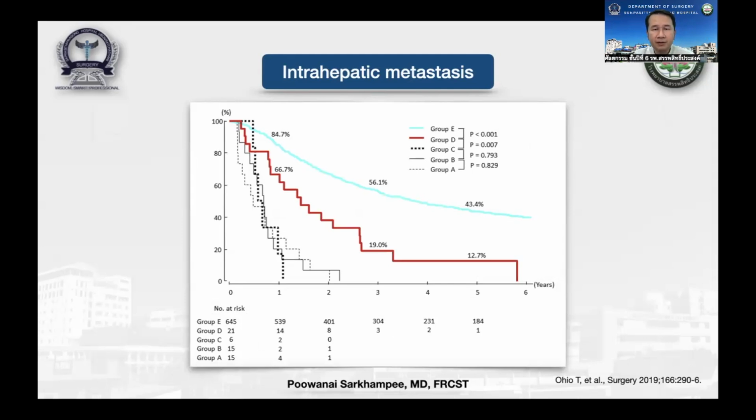If the patient has occult metastasis, the survival is better than unresectable, obvious metastasis and palliative resection. But it's not good compared with no metastasis. This paper told us that if the patient is fit for surgery and has just micrometastasis, intrahepatic metastasis, there's a role of resection in the patients.